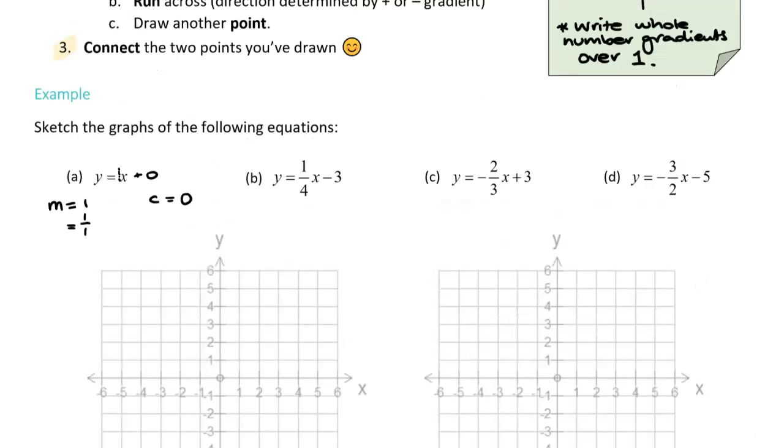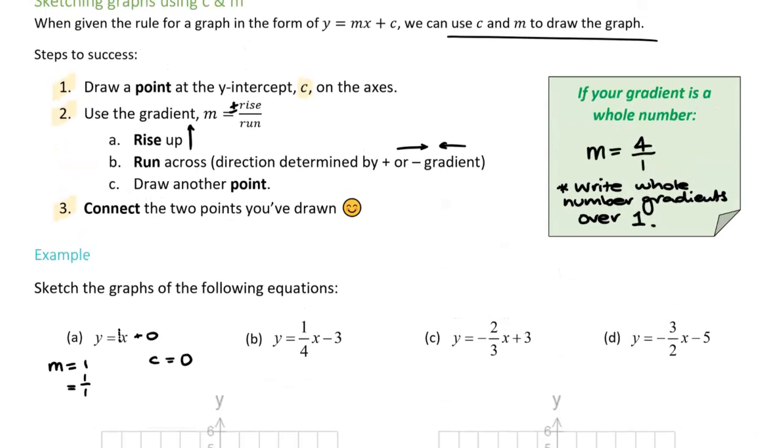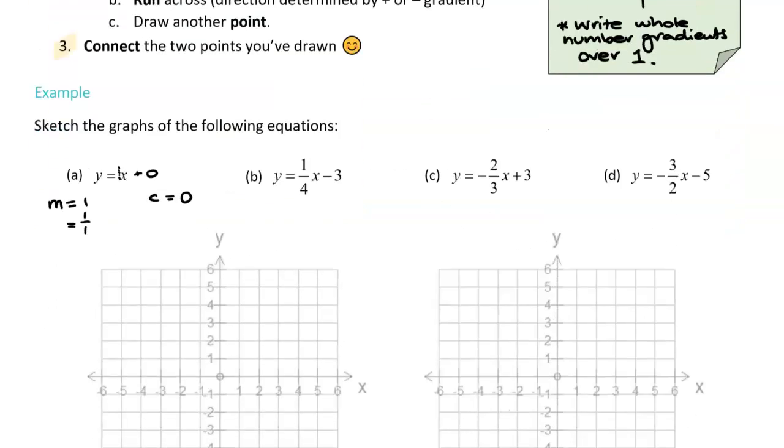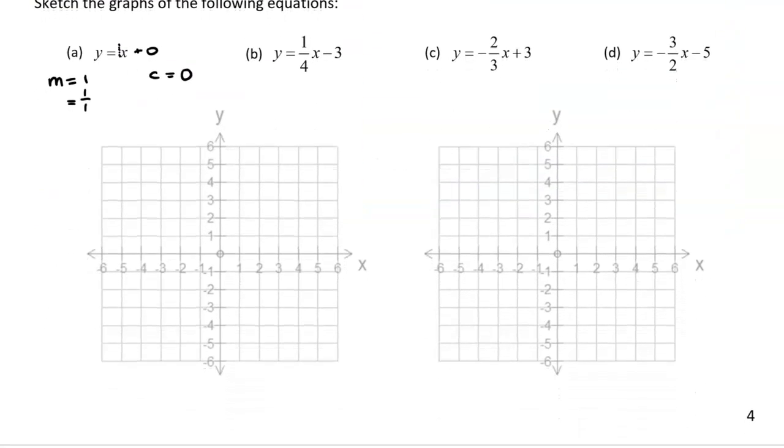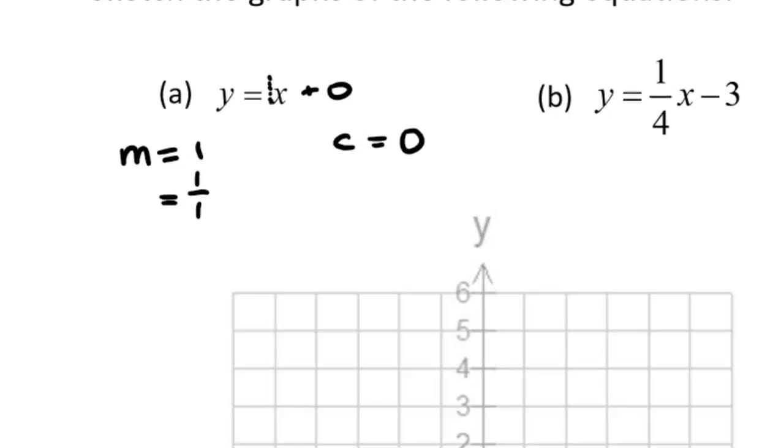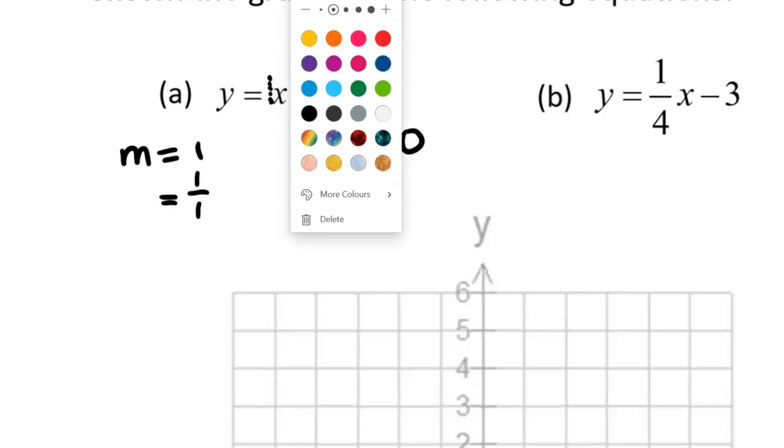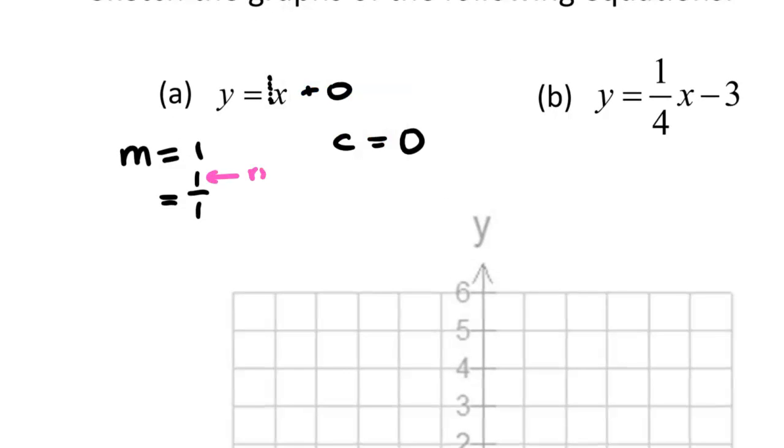So, our first step to success, we need to draw a point at the y-intercept on our axes. So the y-intercept for this one was 0, so let's get our pencil ready to go. Now we're going to use this to tell us how far we're going to rise. So we're going to rise up by 1.